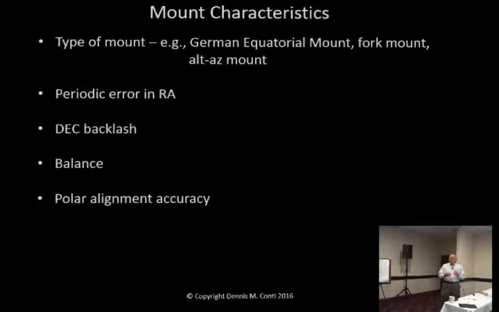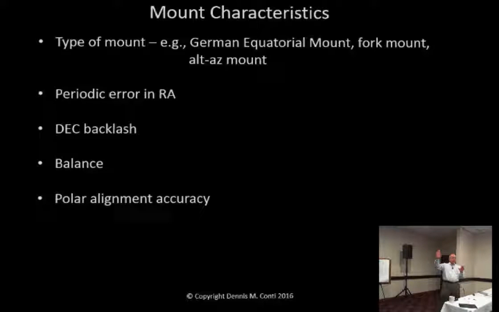Any gears that operate together, if they're operating in the same direction is fine, but if they have to go in the opposite direction, there could be a lag, that is to say backlash. Because the Earth is rotating and we're compensating for that rotation, we're changing direction mostly in right ascension.